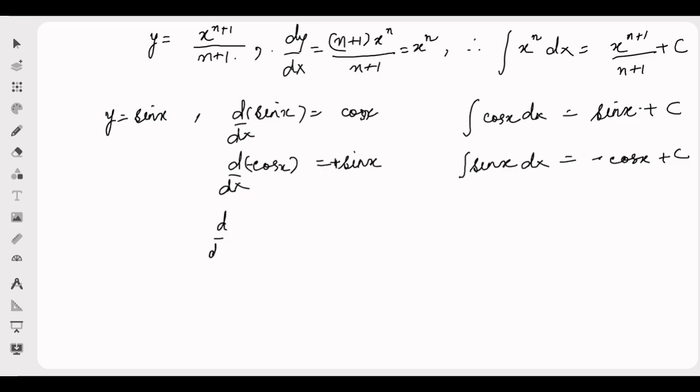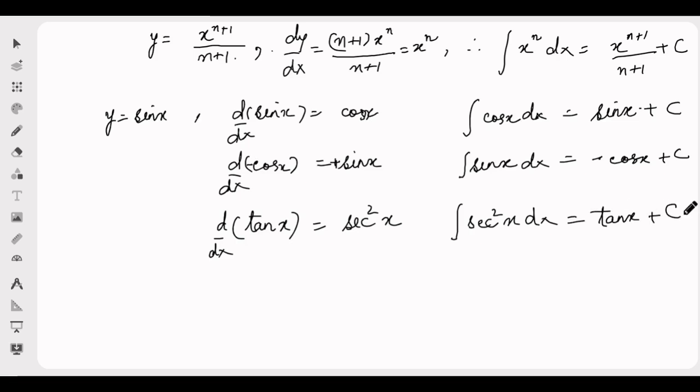Then we know that derivative of the trigonometric function tan x is equal to sec square x. Then the integral of sec square x will be equal to tan x plus c. Again, derivative of cot x is equal to minus cosec square x.